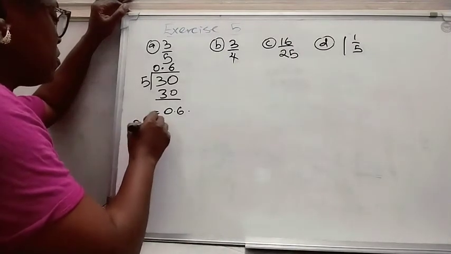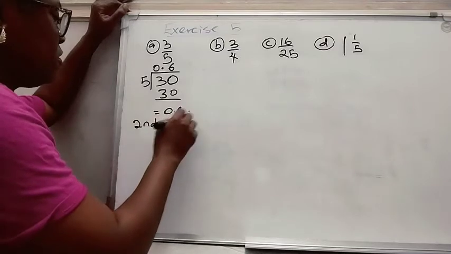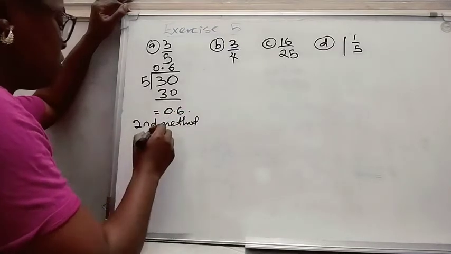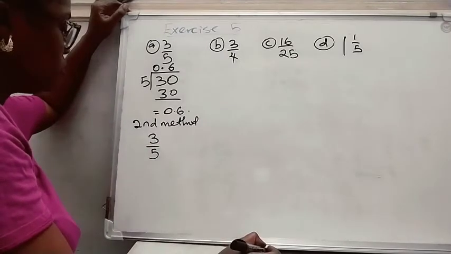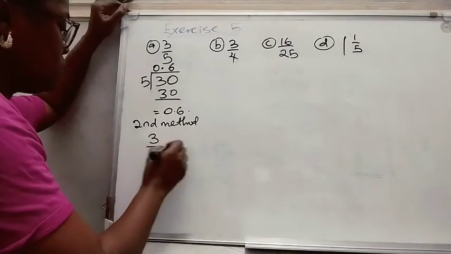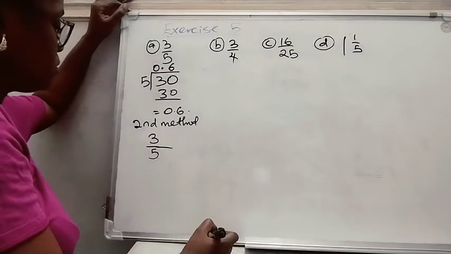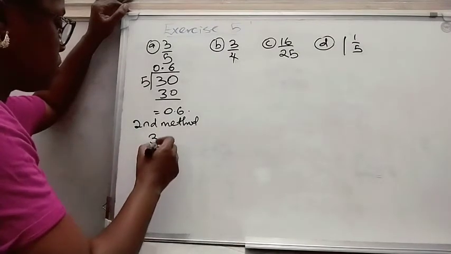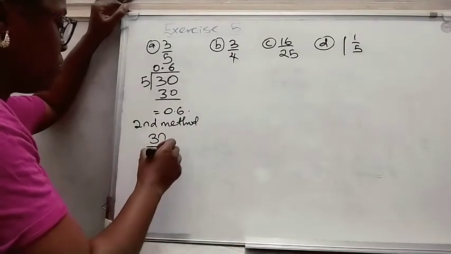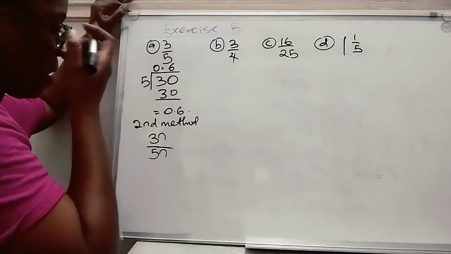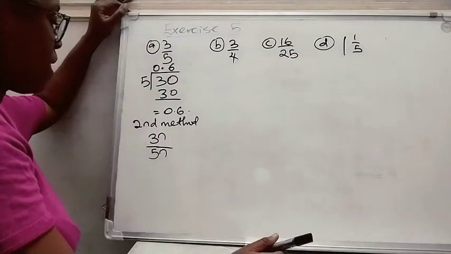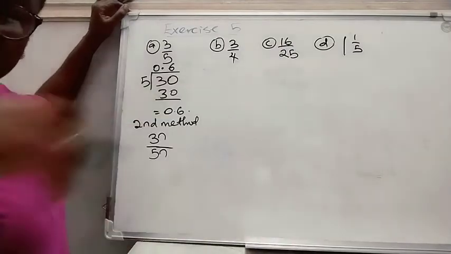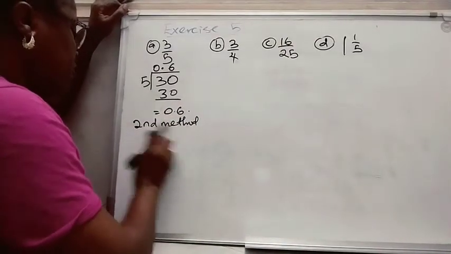Second method, I will say 3 over 5. I will also move the decimals accordingly. Let me rephrase that.